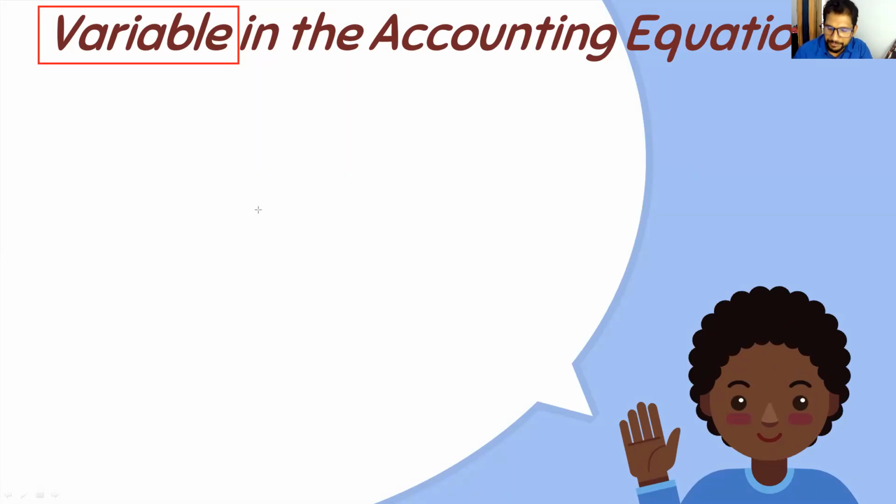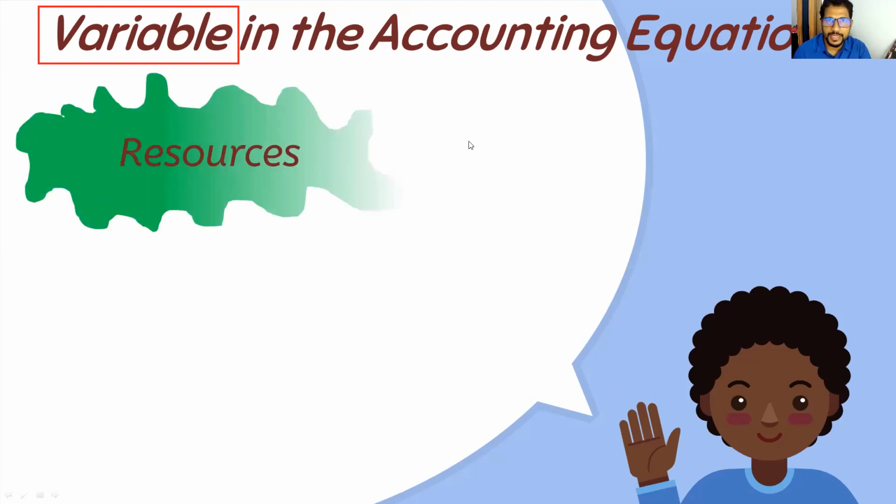In every equation, there are variables. Listen carefully, I'm going to explain this. Right. Now, in an accounting equation, these are the variables we have. Wait a little and listen carefully.